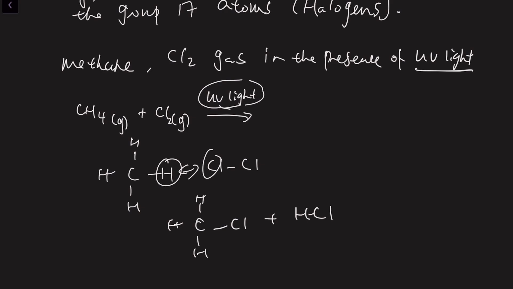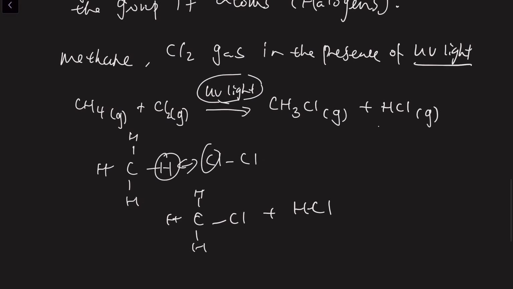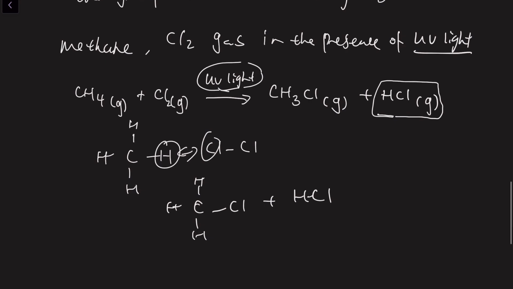So you would have CH3Cl, which is also a gas, plus HCl, which is also a gas. So this is the reaction between them. Notice that HCl is a gas, and not aqueous solution, because we do not require water in this chemical reaction.